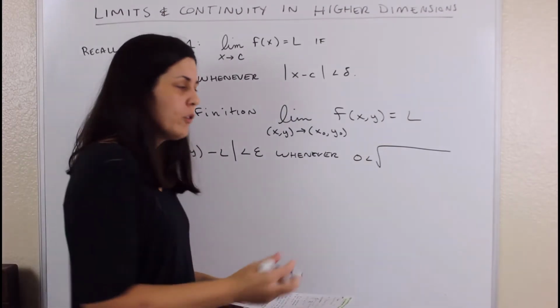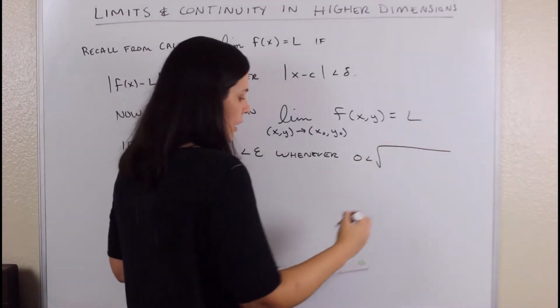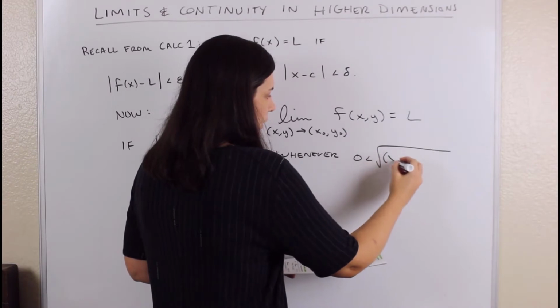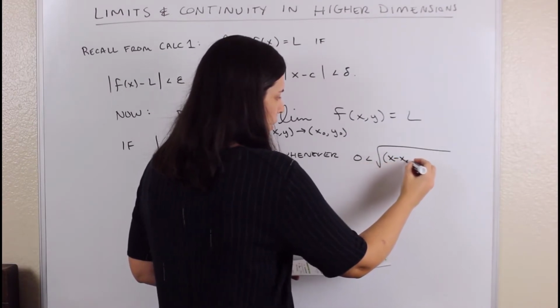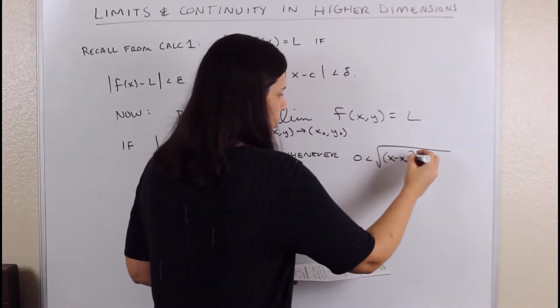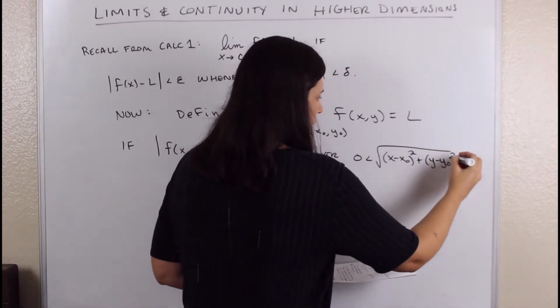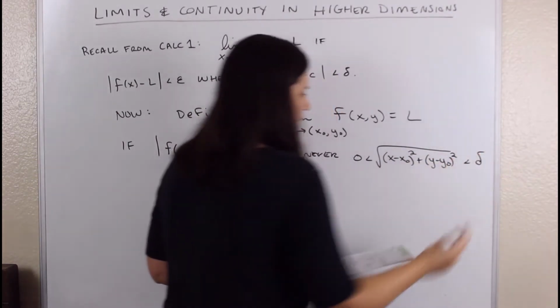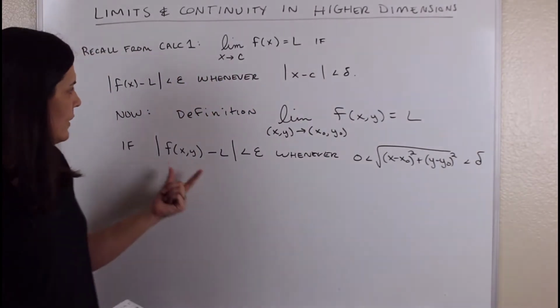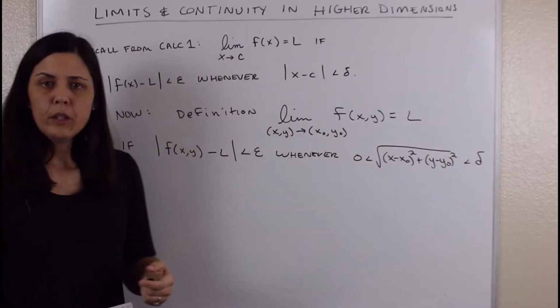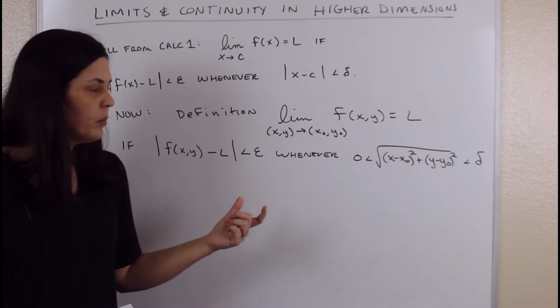I use the distance formula. So that's what I was starting to write here with the square root: the square root of x minus x naught squared plus y minus y naught squared, and this is less than delta. So this is just extending our single variable limit definition to multiple variables.